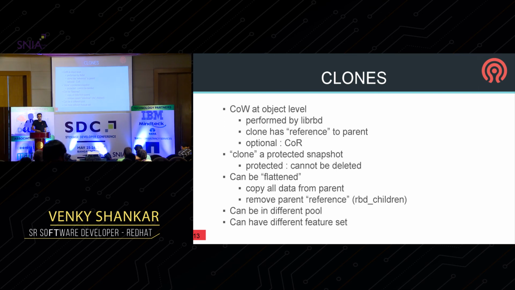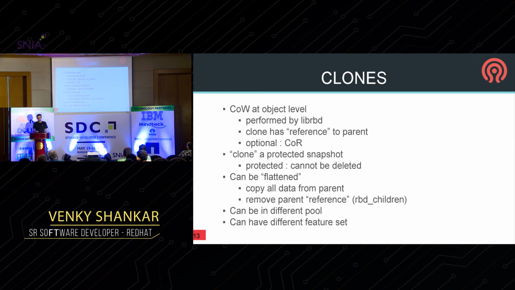When you clone a particular snapshot, what you get is a fresh RBD image, but it has a reference to its parent, because when you clone a snapshot, it's thin provisioned. You have absolutely no data; it just shares some data with its parent. So when you clone a snapshot and try to do IO on it, the actual data is read from the parent.